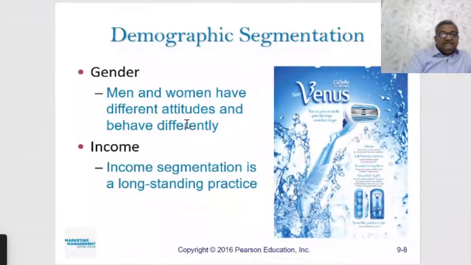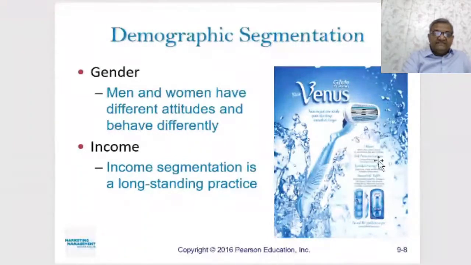Then we've got men and women, who have different attitudes and behave differently. We have the aspect of how people look at different types of products. For example, you're seeing the featured product here, a shaving machine, a Gillette shaver for women. This is designed differently vis-a-vis a shaver for men.